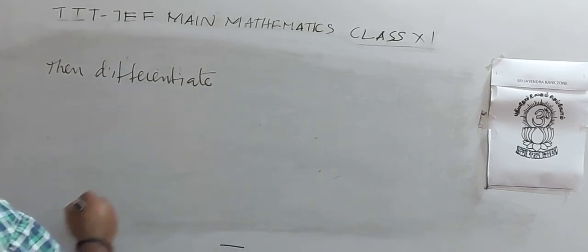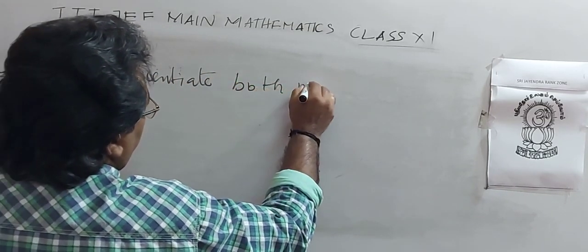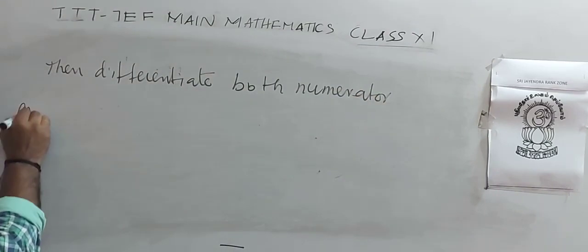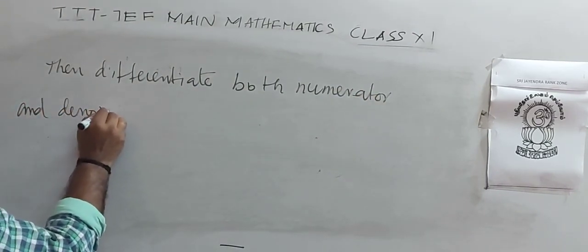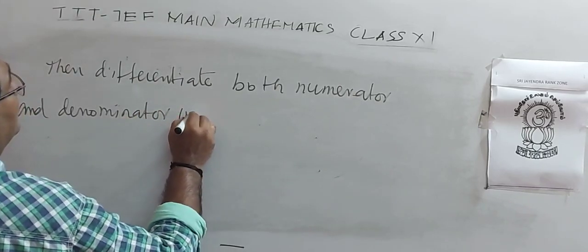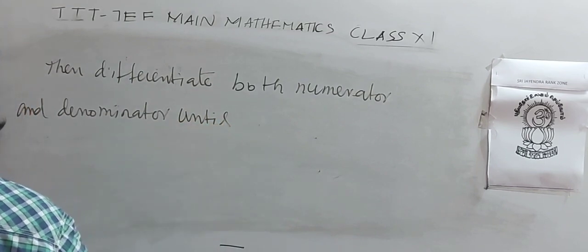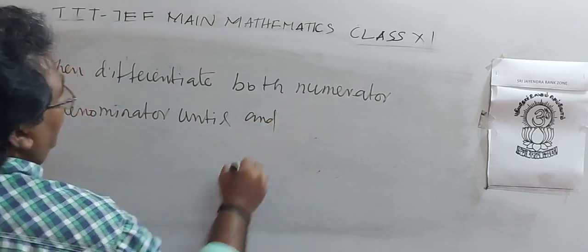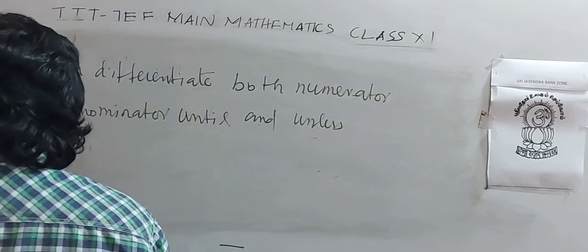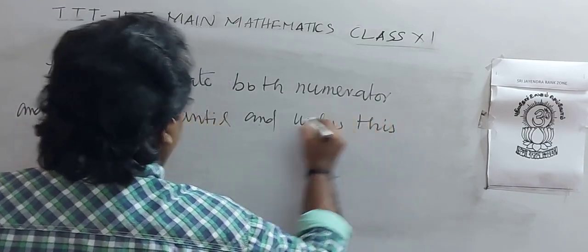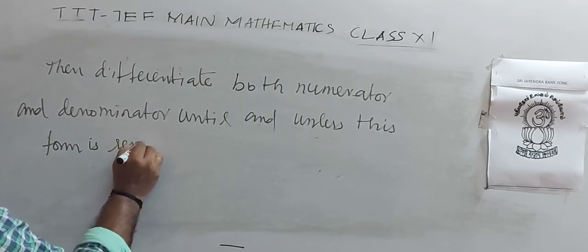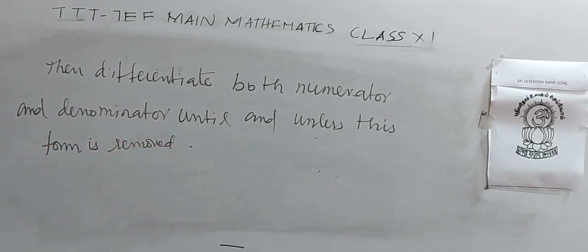Then differentiate both numerator and denominator until this form is removed.